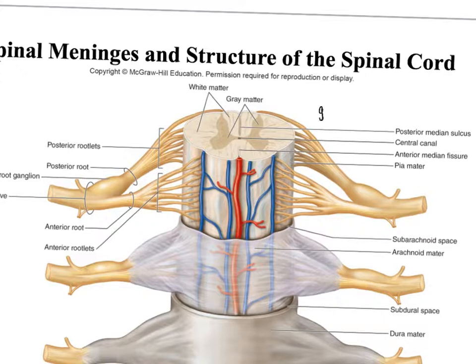The gray commissure is this whole area of the gray matter that bridges from one side to the other, and it allows for neurons on the left to go to the right and crosstalk from one side to the other.